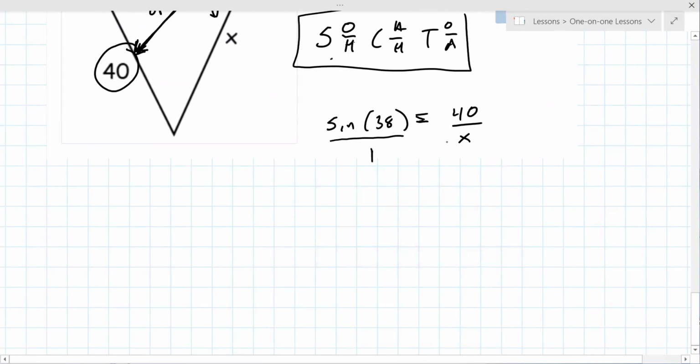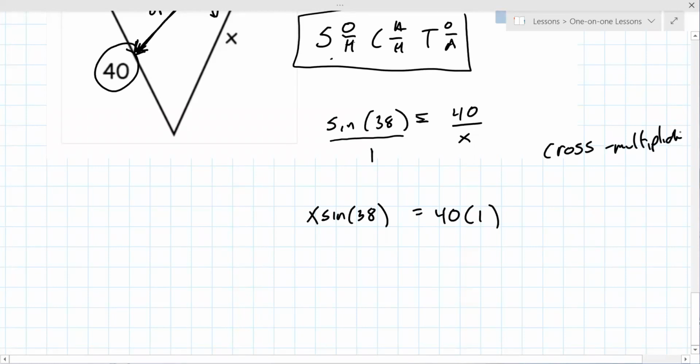So the sine 38, you multiply by x, and this 40 you multiply by 1. It's called cross multiplication, though it's really diagonal multiplication. So that's x sine 38 equals 40.